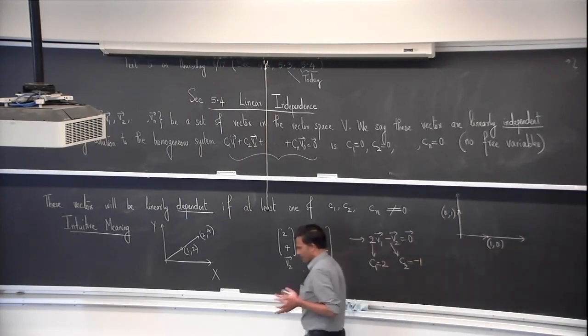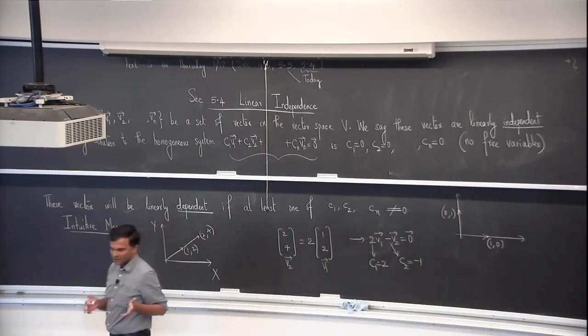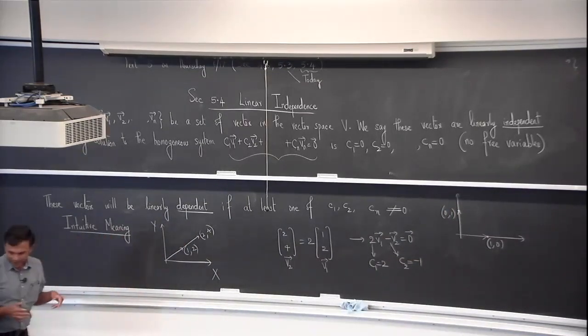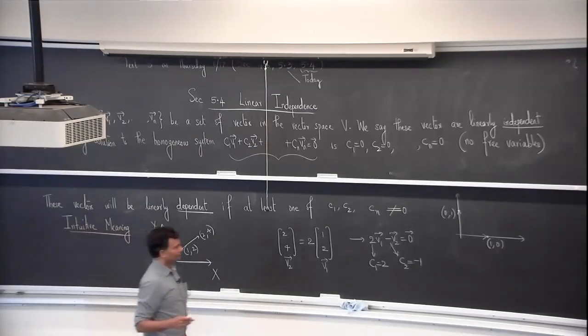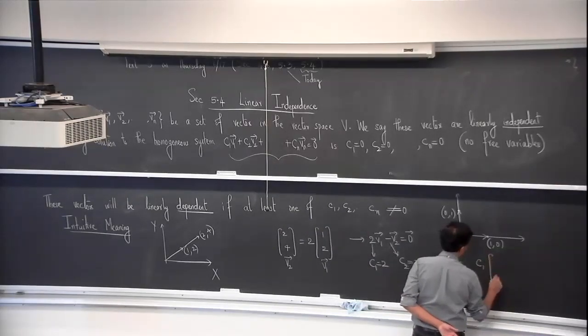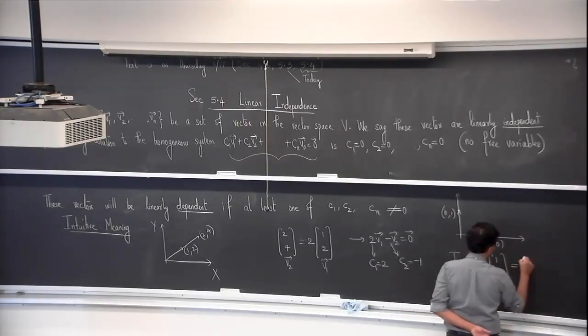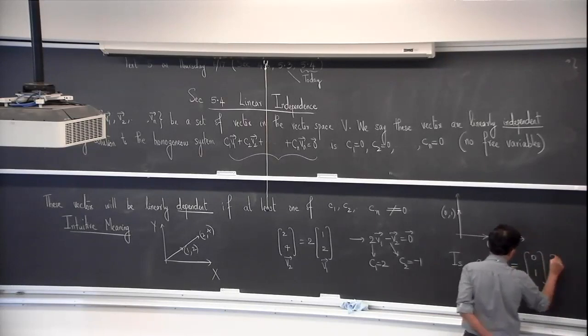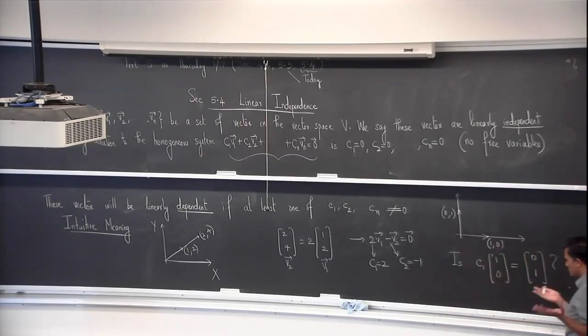Is there any kind of scalar that would connect the unit vectors along the x and the y axis? Is a scalar multiple of (1, 0) equal to (0, 1)? Or the other way around, is c1 times (0, 1) equal to (1, 0)? What do you think?